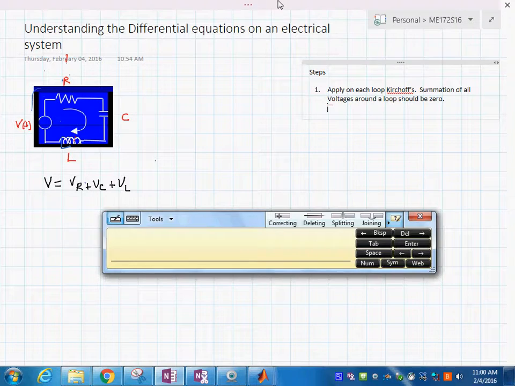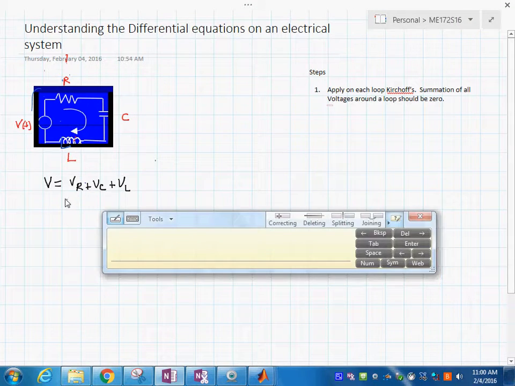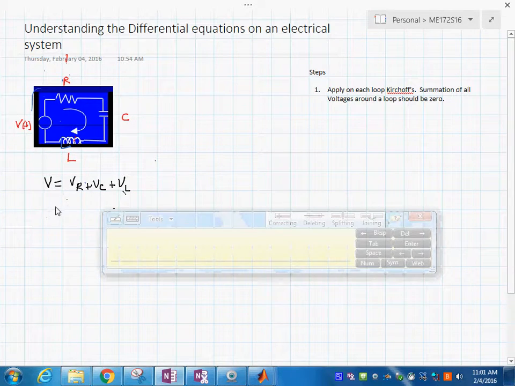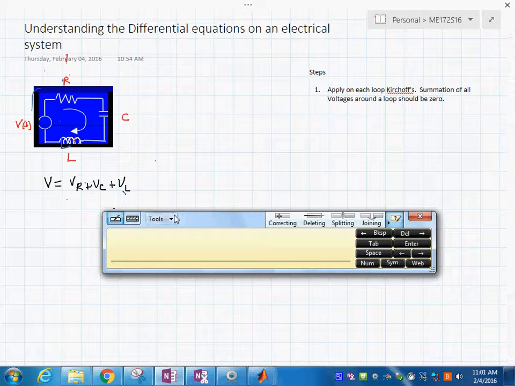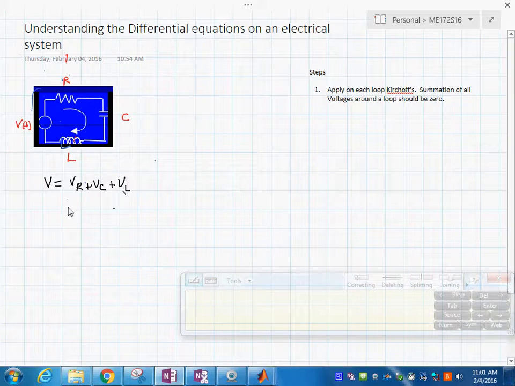So we have some basic laws to know what each one of these are. For example, the voltage of the resistor is the current I times R, where I is the current that you see around the loop.